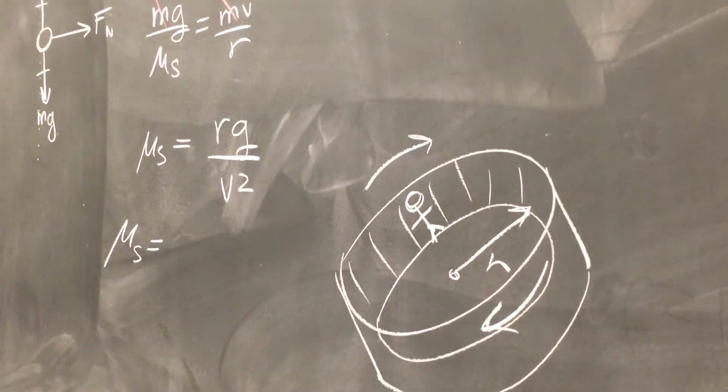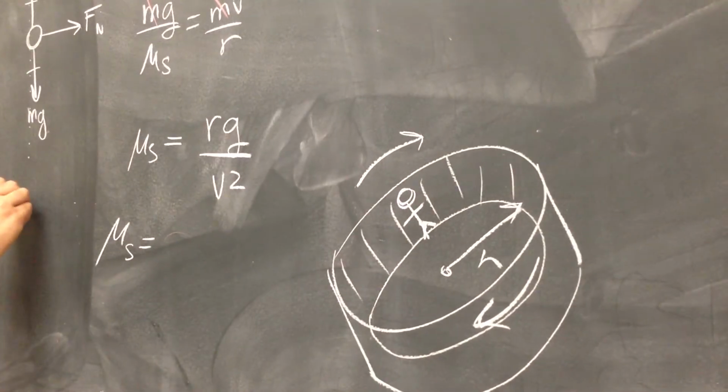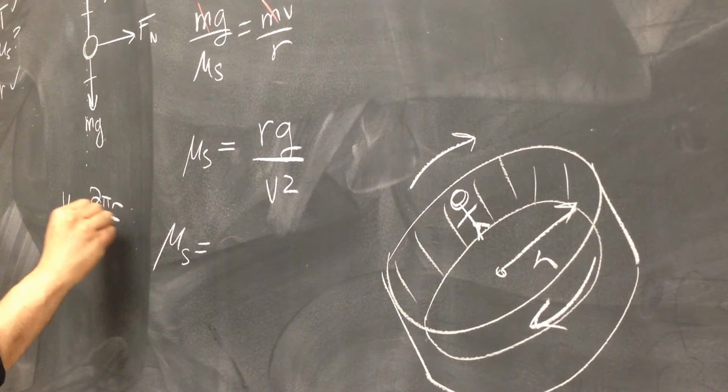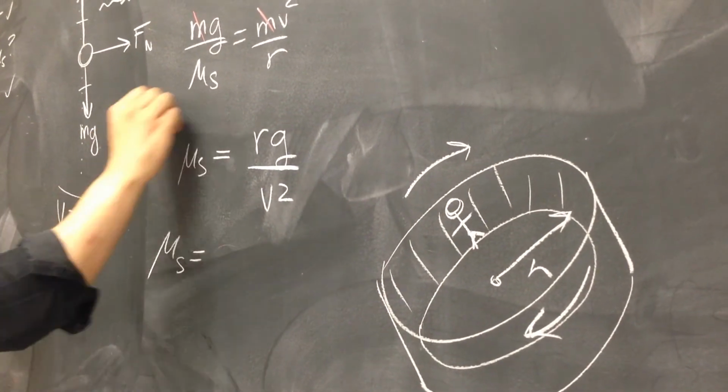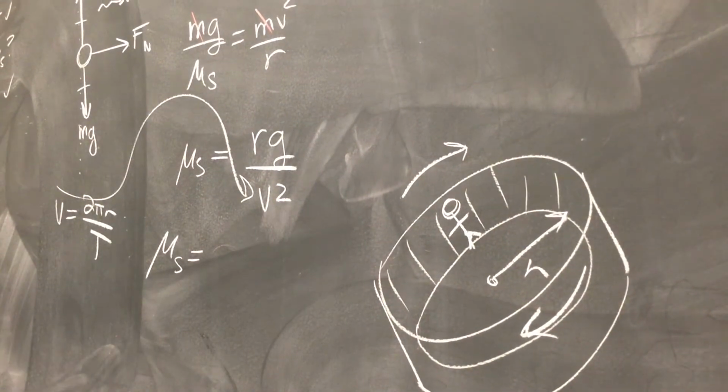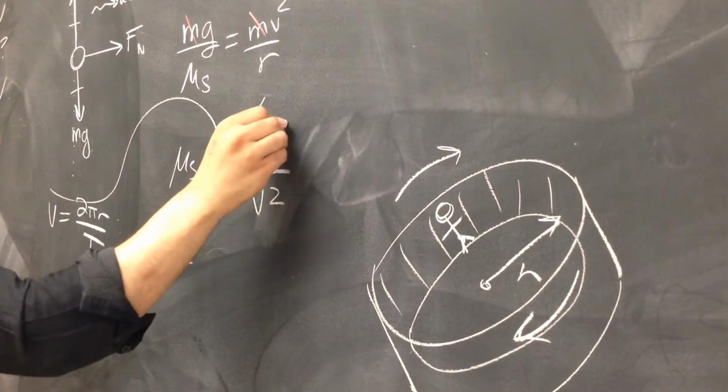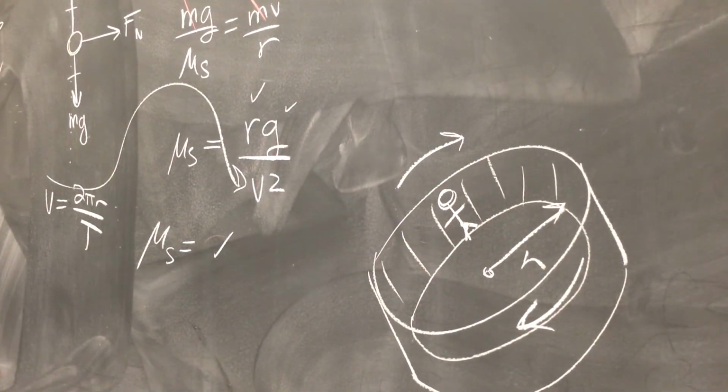So you could find the speed, because the speed is 2 pi r over the period. That gives you your speed. You know r, it's given. You know g, so you can solve for that coefficient.